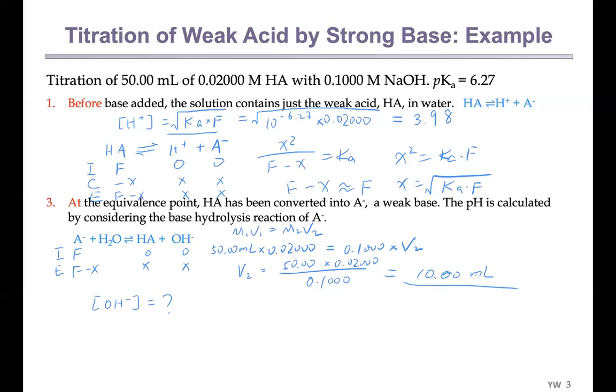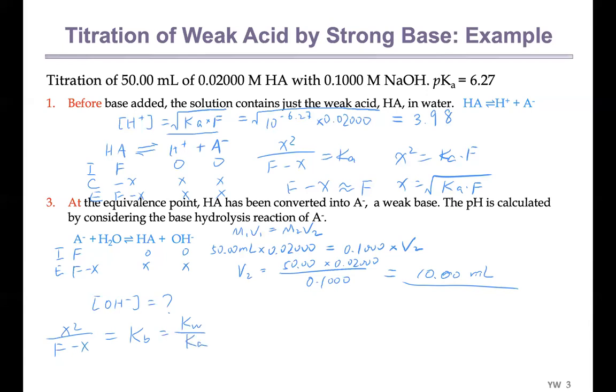And the same condition: X squared divided by F minus X equals the equilibrium constant. So what is the equilibrium constant here? It's a weak base, right? Yes, it's Kb, which is Kw divided by Ka.